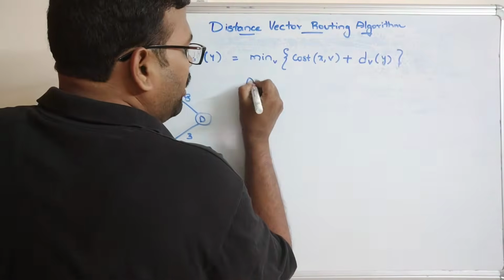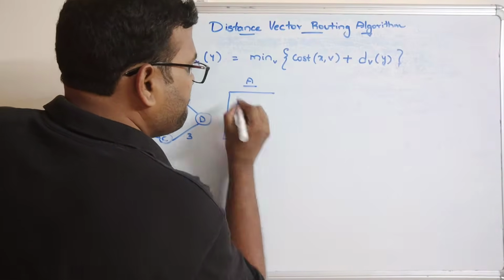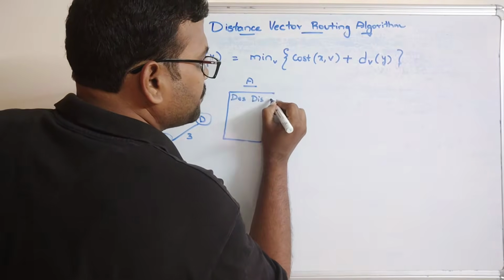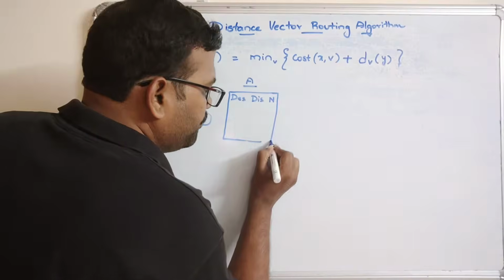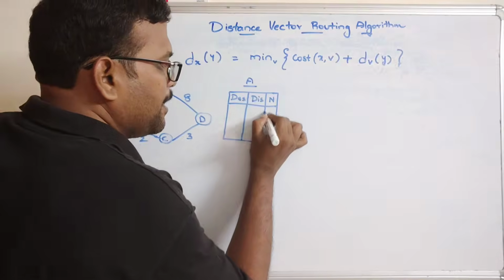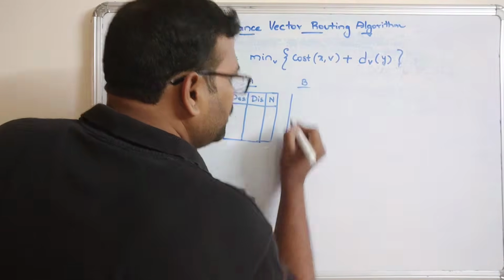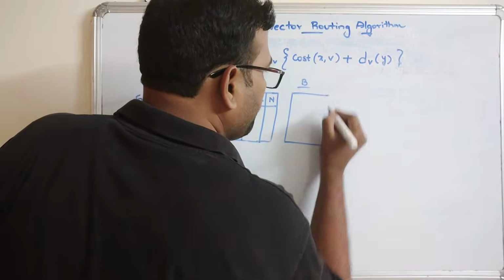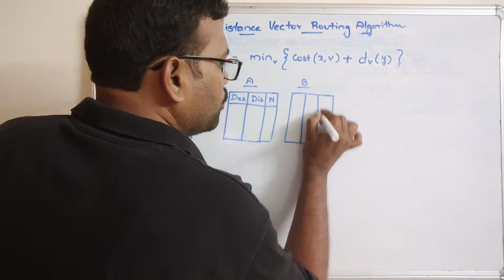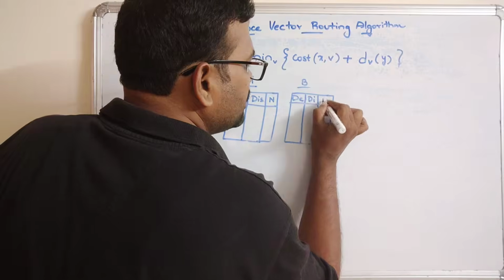Now A will have a routing table. The first one is destination, distance, and next hop. Similarly, B will also maintain the same thing: destination, distance, and the next hop.